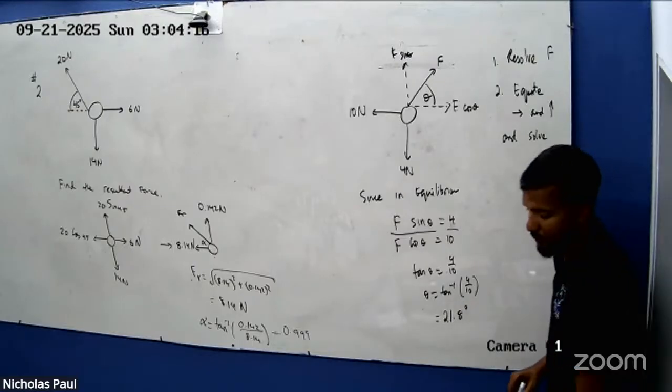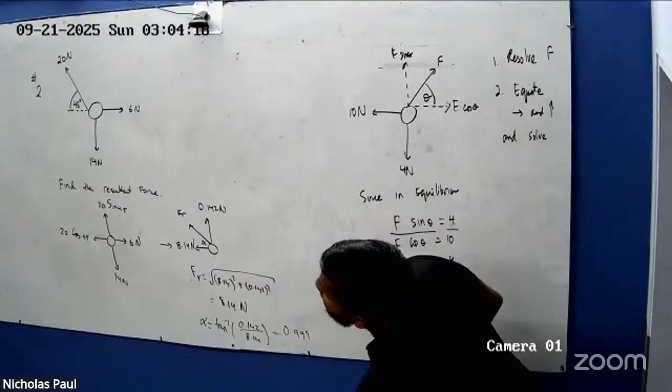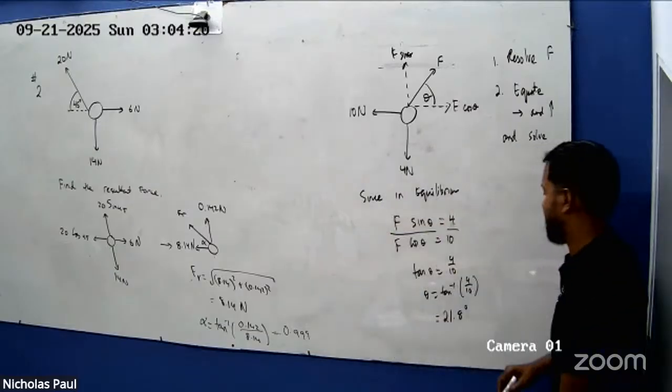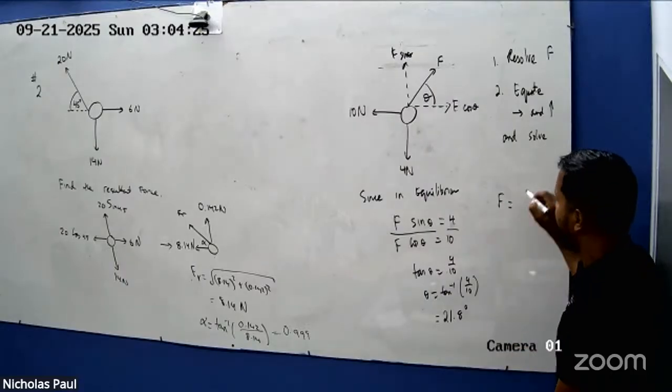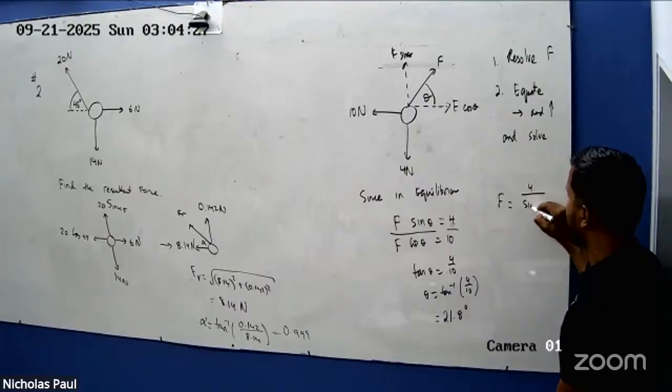Let me see if anybody sent any answers. Nothing. And then you have to work out F. F will be 4 over sine 21.8.